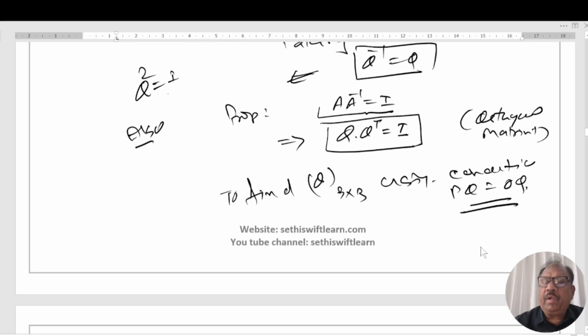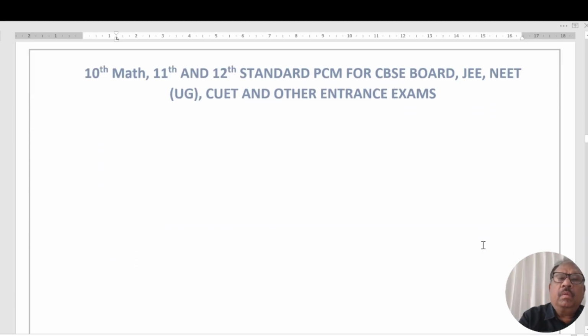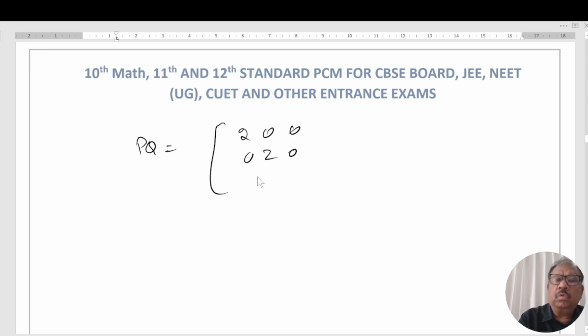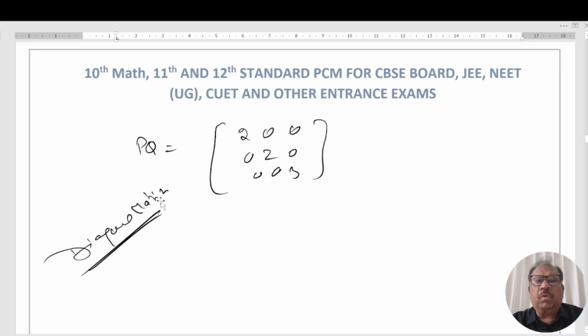To find matrix Q, first find PQ. P is 2 0 0, 0 2 0, 0 0 3. It is a diagonal matrix. A diagonal matrix is a square matrix in which the diagonal elements are non-zero and the rest are zero. When the diagonal elements are equal it is a scalar matrix, and when they are one it is the identity matrix.